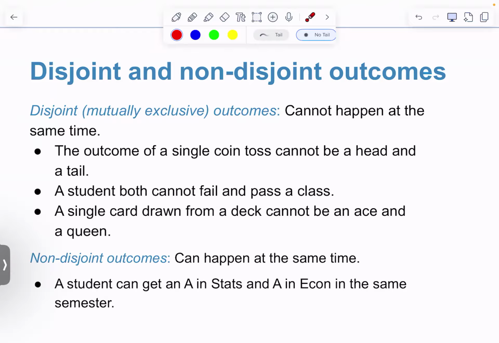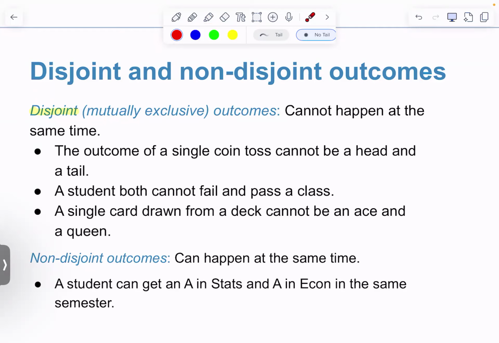Well, it means that they can never happen at the same time. So in probability, we tend to use the term disjoint, but if you want to call it mutually exclusive, that's totally fine. I'll understand what you mean. But I tend to use the term disjoint. And so you can link those up if you want to, or just focus on disjoint.